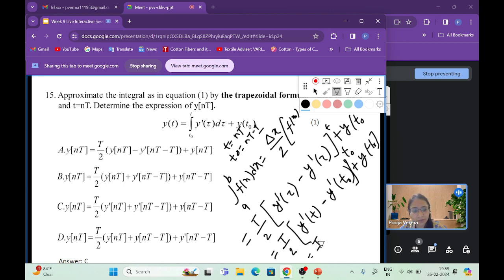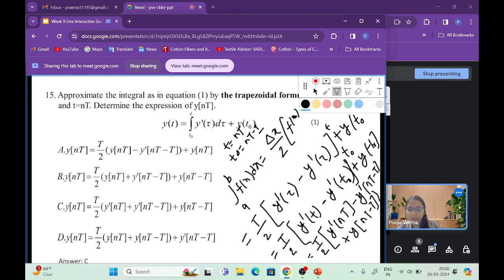So it will be t by 2. y dash, t is given as y dash, t is equal to 1t, so nt minus y dash, t naught is given as nt minus t, plus y of t naught is nt minus t.